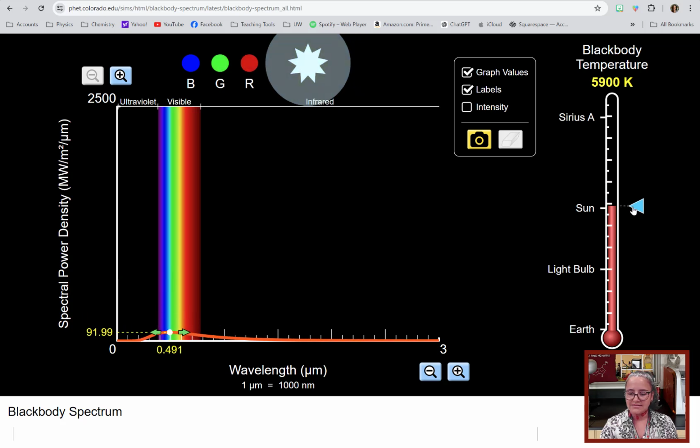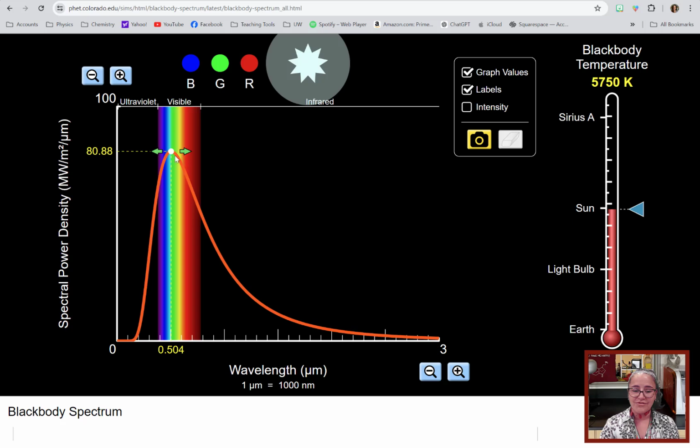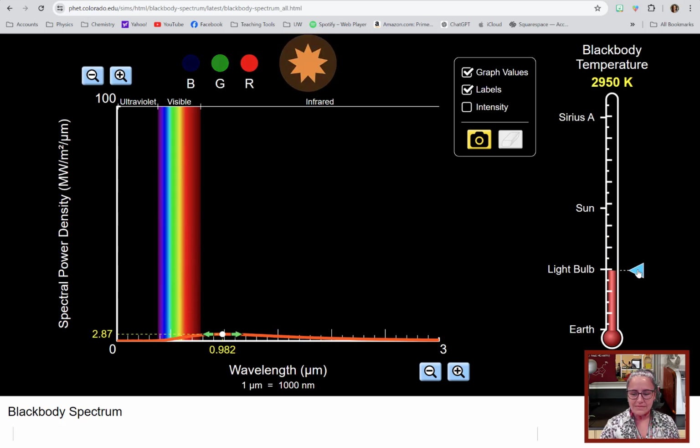Okay, our sun, we can see its max wavelength right in the visible range. You think that might be why our eyes can see certain things? Okay, we can see a light bulb. It still gives off light in the visible range, but it also gives off a lot of infrared light. Okay, this is probably an old light bulb, not an LED light bulb.